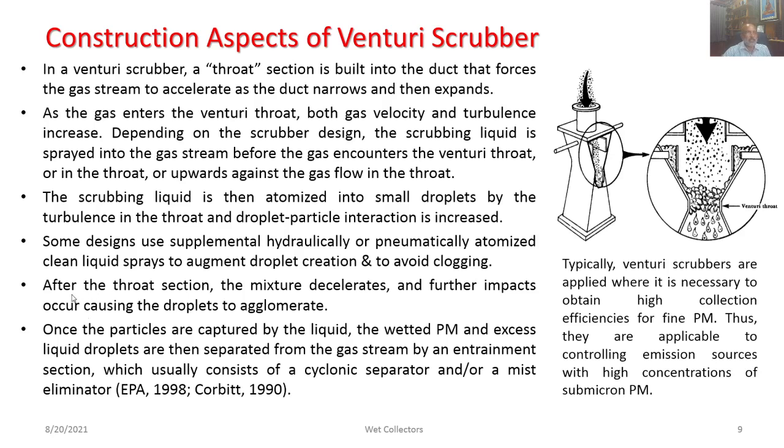So, as discussed previously, after this throat section, the mixture decelerates and further impaction occurs, causing the droplets to agglomerate. Once the particles are captured by the liquid, the weighted particulate matter and excess liquid droplets are then separated from the gas stream by the entrainment section, which usually consists of a cyclonic separator or mist eliminator.